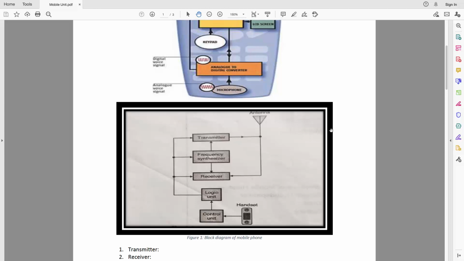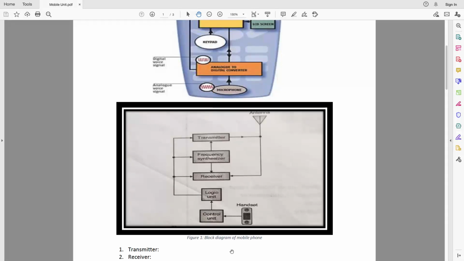That's why the most important blocks that are present in your mobile handset are the transmitter, receiver, then frequency synthesizer, and logic unit, control unit. Another thing is the battery compartment.